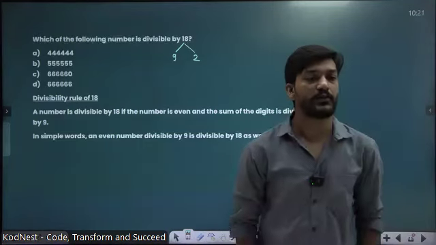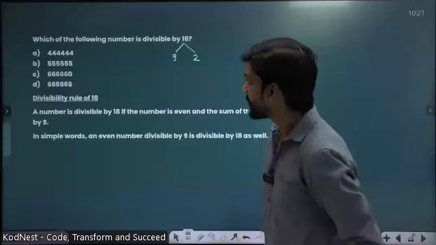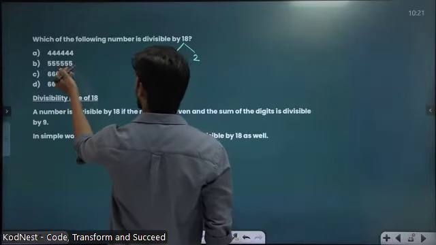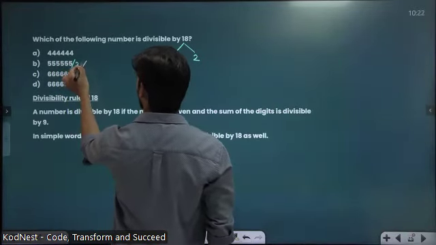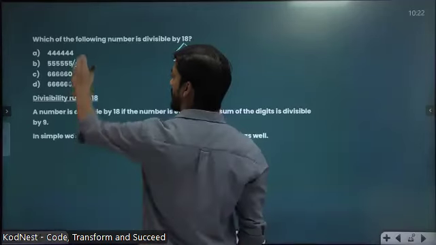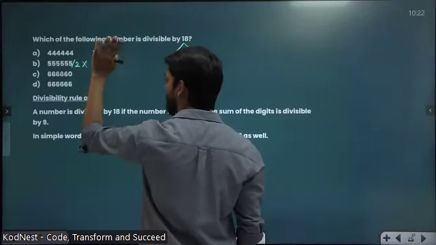All right. So you are saying D option. Okay. So this number is not divisible by 2. So remove it. Rest all are divisible by 2.